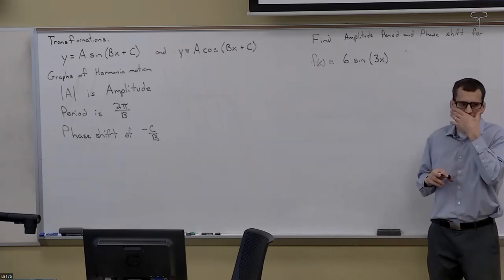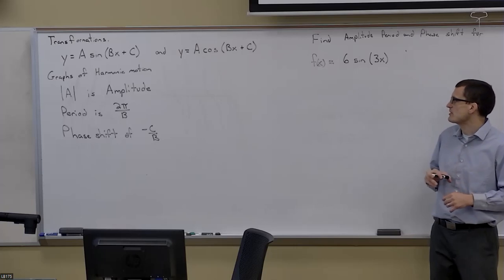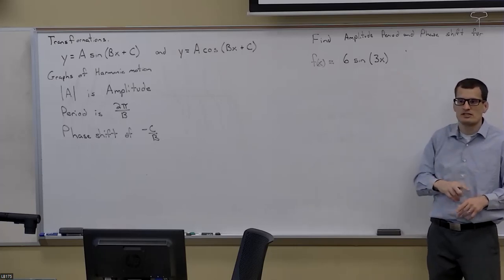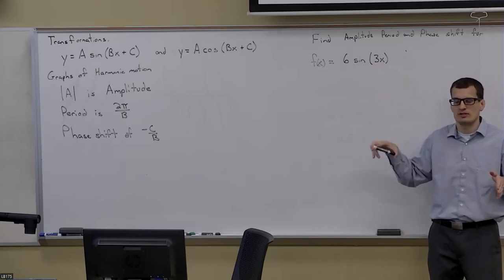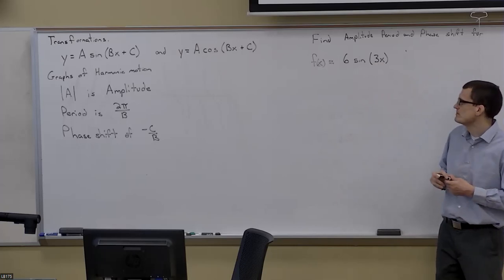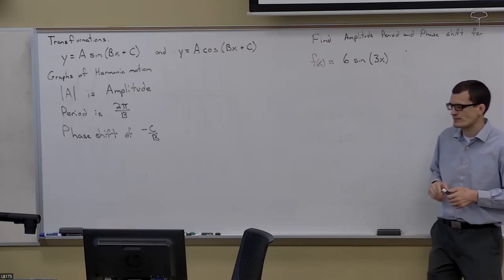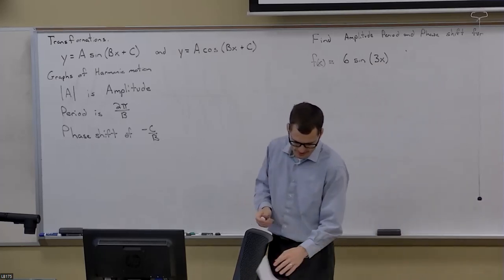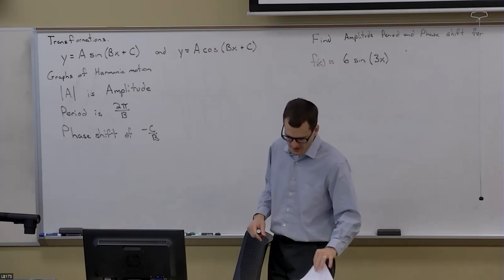If this were like 1/2, then it'd take you twice as long. It wouldn't take you 2 pi, it'd take you 4 pi to get through 1 whole wave. Is that all right?